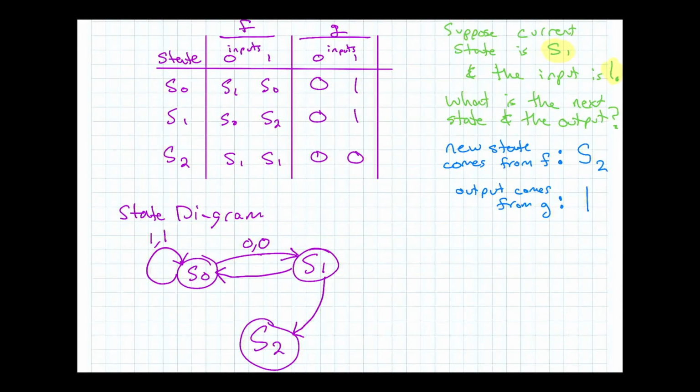Based on the format of this chart, this is input 0, and this is input 1. Then what are the outputs? It's input 0, output 0, input 1, output 1. So 0 and 1 are the outputs. And that's that whole row.